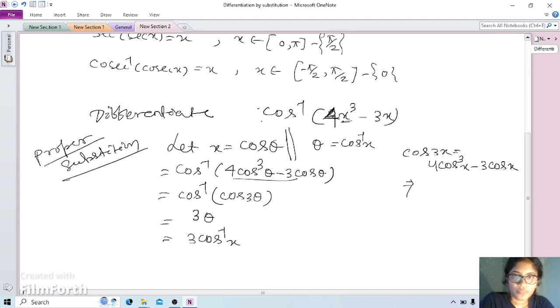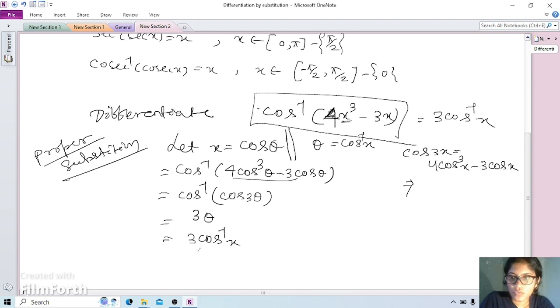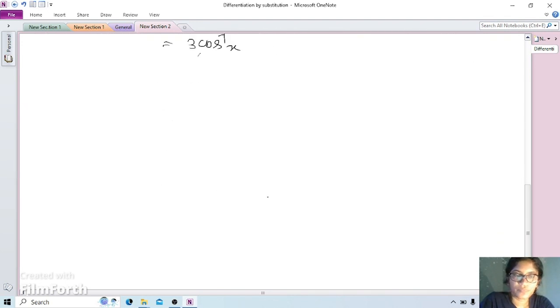Now the function is modified to 3 cos inverse x. Now d by dx of 3 cos inverse x is equal to 3 into the derivative of cos inverse x, which equals minus 1 by root of 1 minus x square.